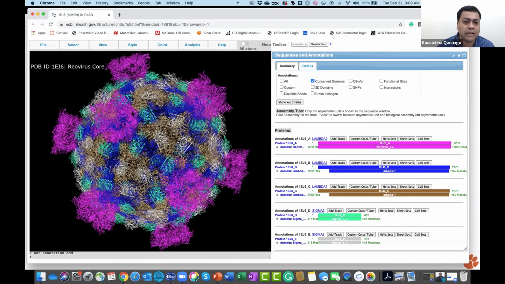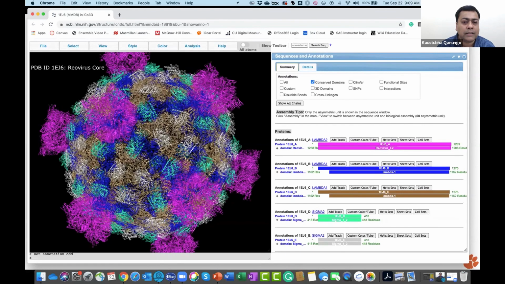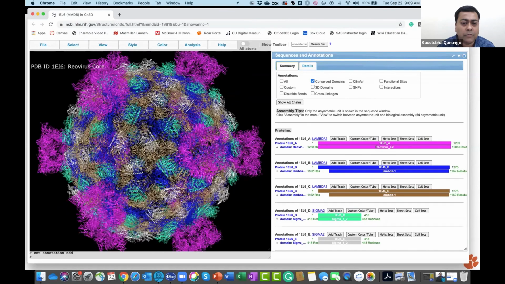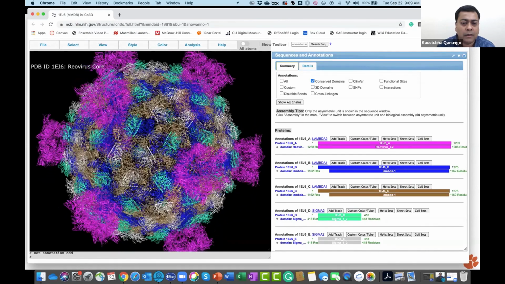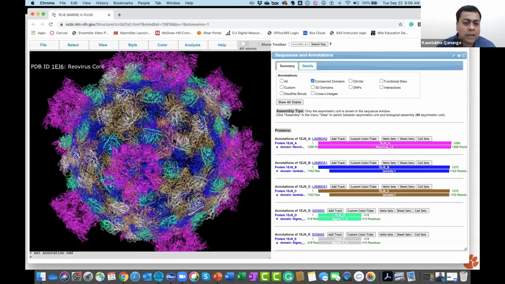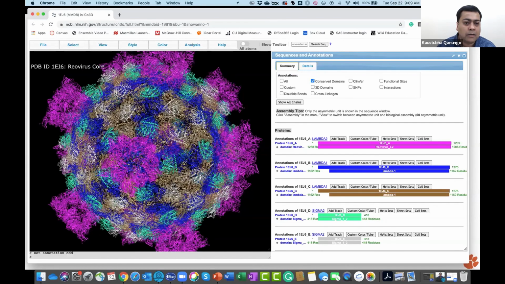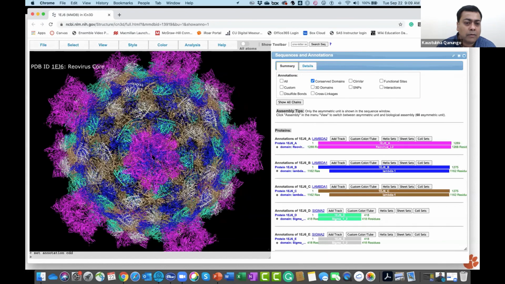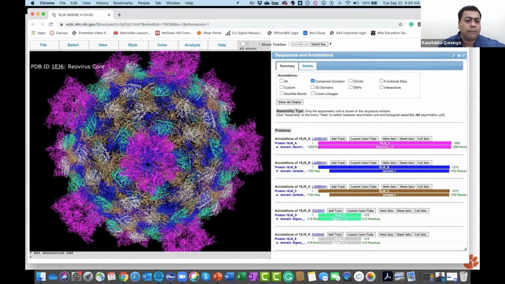This protein right here in pink is the turret protein, and you have one of them in each of the 12 vertices. You can see that on the side view, this is the turret from the side. If you look from the top, right in the middle you have the pore, or the portal, through which the mRNA comes out.